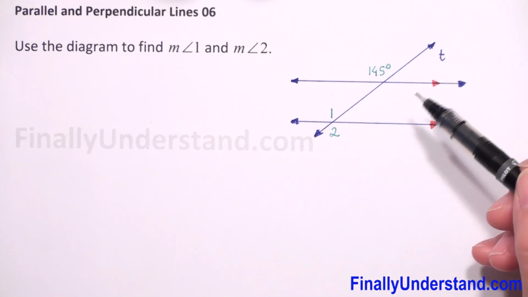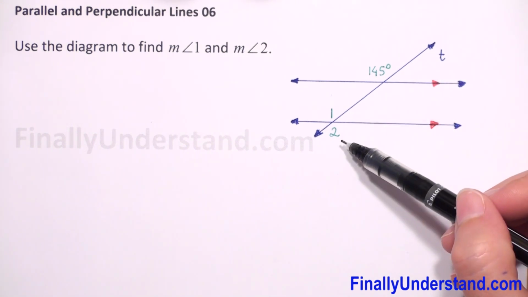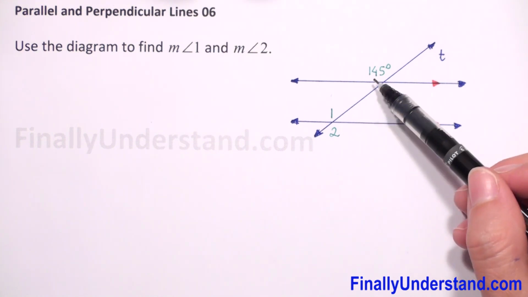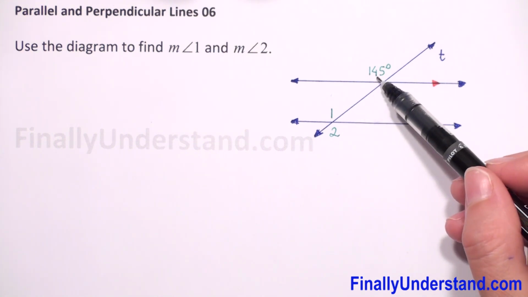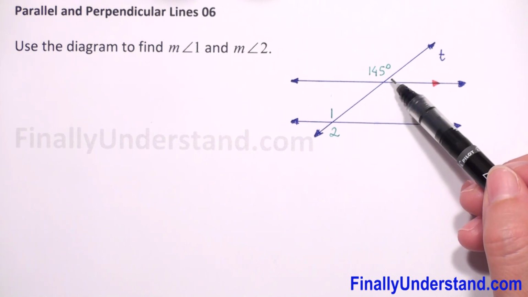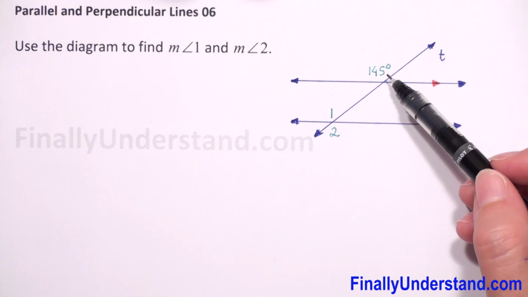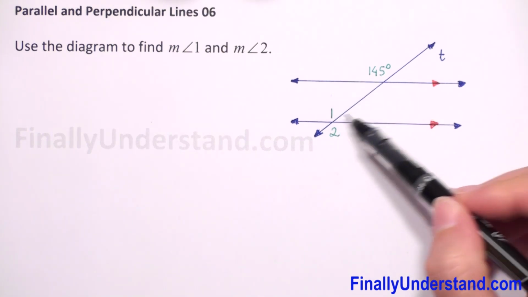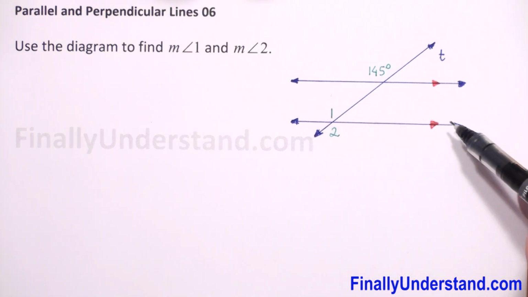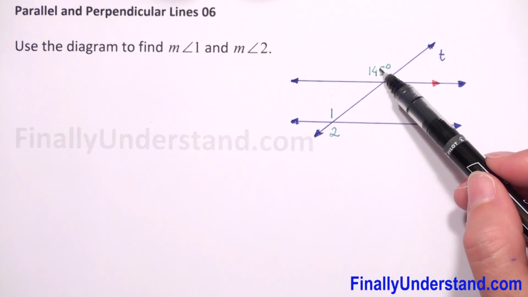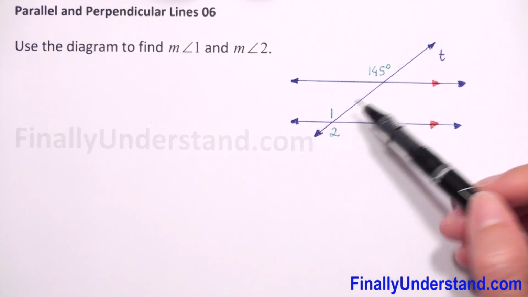We have here pairs of alternate exterior angles. 2 and 145 are alternate exterior angles. Let me remind you, alternate exterior angles are angles which are outside of these two lines and on the opposite sides of our transversal.